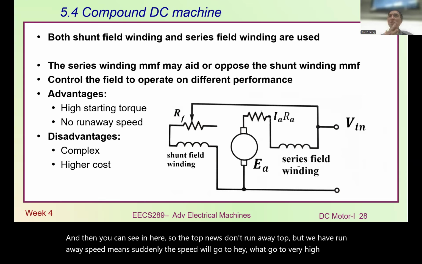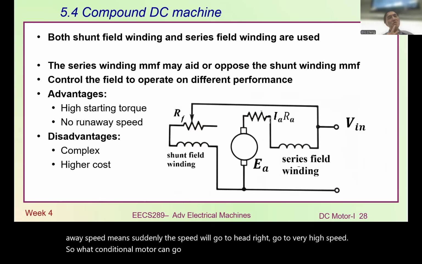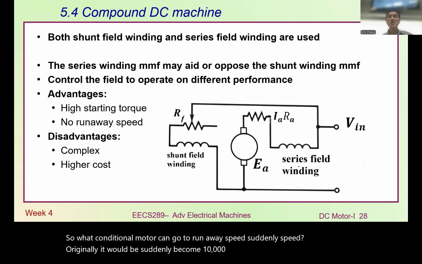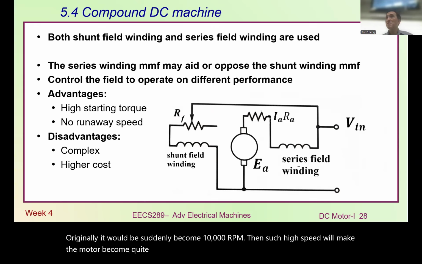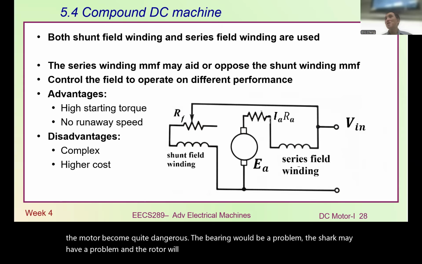So what condition of the motor can go to runaway speed? Suddenly the speed was originally 1,000 RPM, suddenly becomes 10,000 RPM. Such high speed will make the motor quite dangerous. The bearing will be a problem, the shaft may have problems, and the rotor will have problems. Suddenly the vehicle will go at such high speed you can't control it.